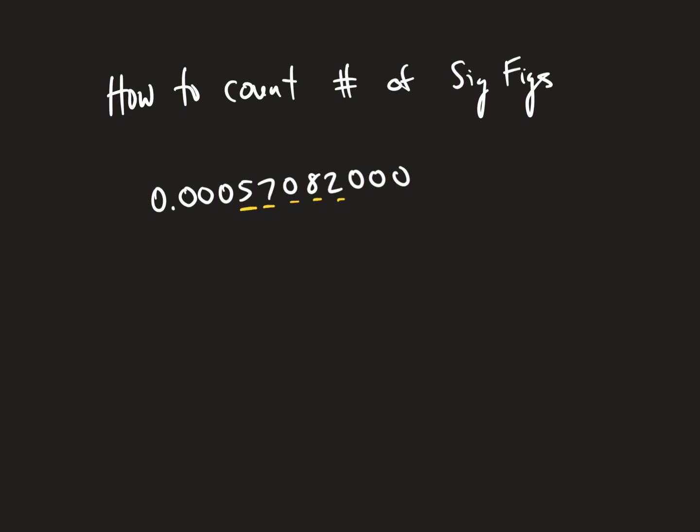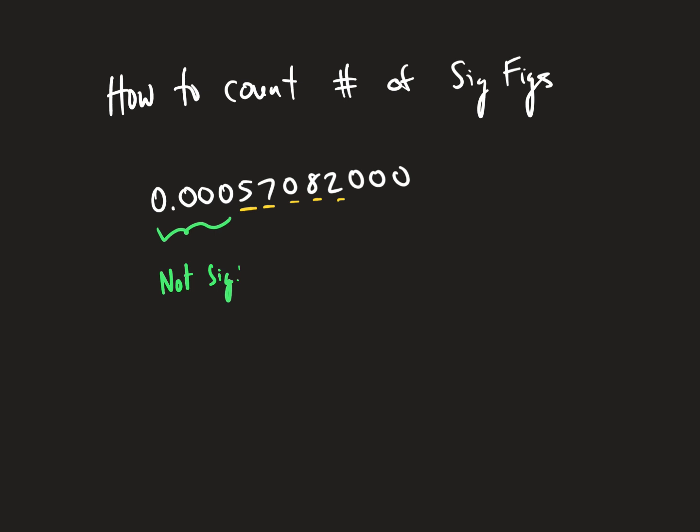What about these zeros to the left? Are they significant? They are not. Why aren't they? They're just placeholder zeros. They just tell you how big or how small the number is. We only count after the first significant figure. So zeros to the left are not significant ever.